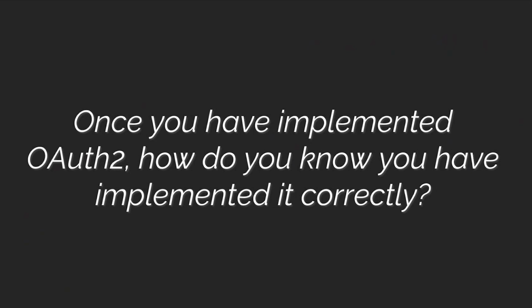Okay. So the question is, if you have implemented OAuth, and when I'm saying OAuth here, I'm talking about the OAuth authorization server, right? So the component schematically that was on the top of the slide, previous slides. So if you have implemented this authorization server, how do you know that you've actually implemented it correctly?